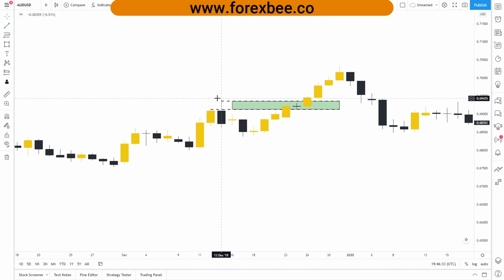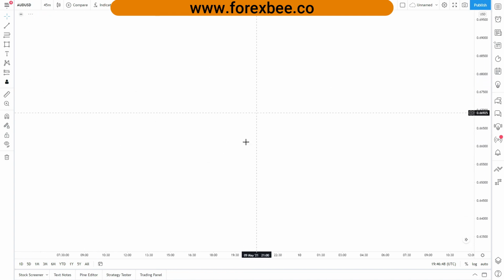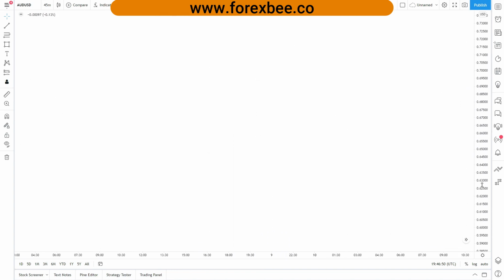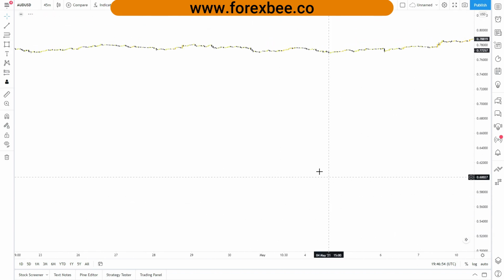So again, in order to take any position, after drawing our resistance level in the daily time frame, we need to go into a lower time frame, and I really like the 45-minute time frame. So let me go into the 45-minute time frame, and let me find the zone which I have just drawn.